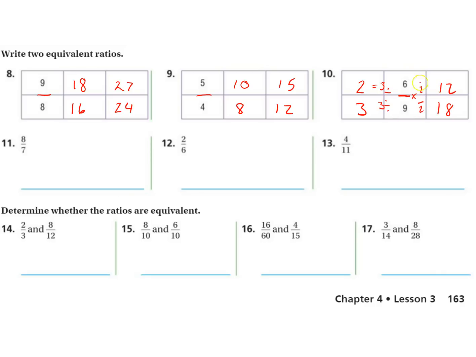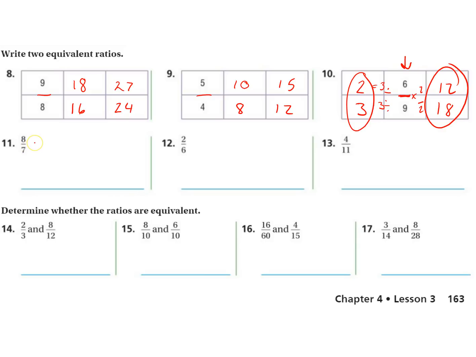So this one was a little bit trickier, but remember the concepts stay the same. I can still divide or multiply the top and the bottom by, if I'm dividing, it has to be by a common factor. If I'm multiplying, I can pick any number I want. And then these two will still be equivalent to my original ratio that they gave me of 6 over 9.